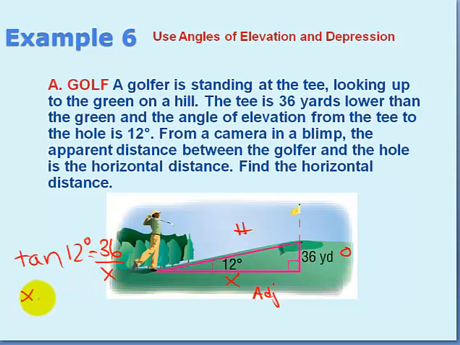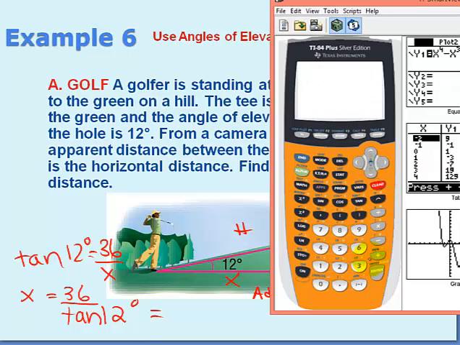I'm going to cross multiply, so I get x is equal to 36 over tan 12 degrees. Then I go to my calculator. So 36 divided by tan 12. 169.4.